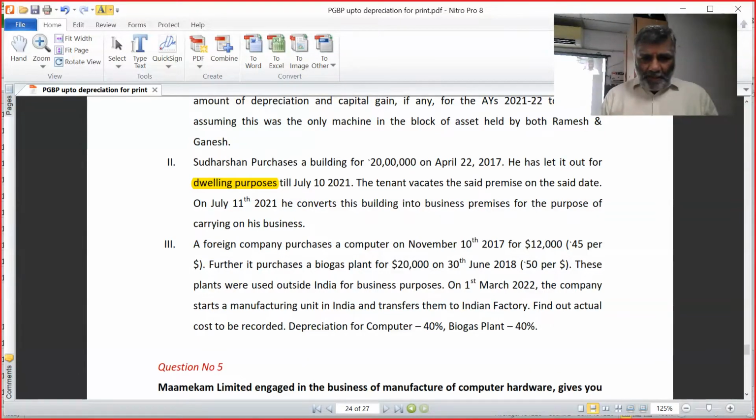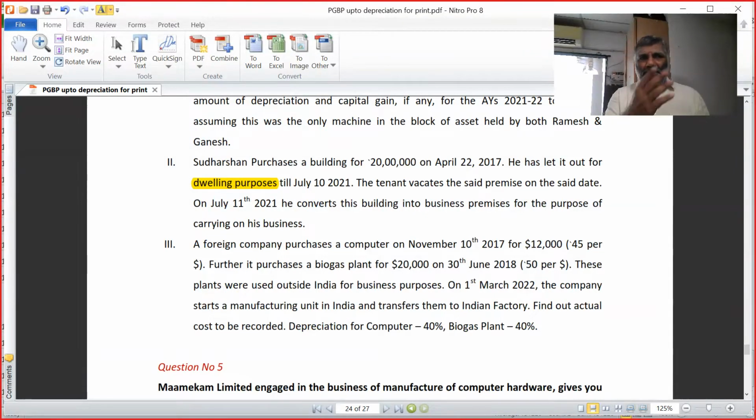Third question. A foreign company purchases a computer on 10th November 2017 for $12,000 and a biogas plant on 30th June 2018 for $20,000. These plants were used outside India for business purpose. On 1st March 22, I can only find the value as on 1/4/21.